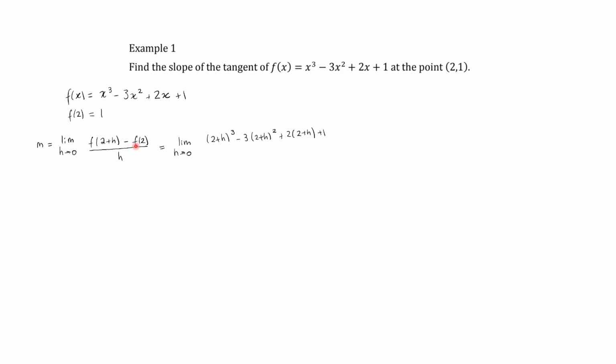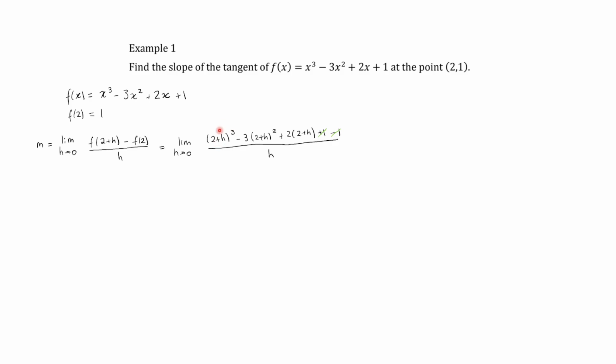So minus 1. And of course, all of this over h. Okay, so right away, we can see that we cancel out those 1's, right? And now we have to expand all 3 of these terms, okay?